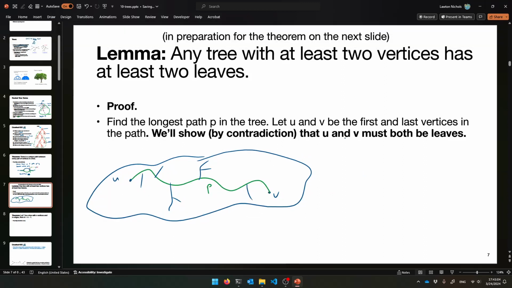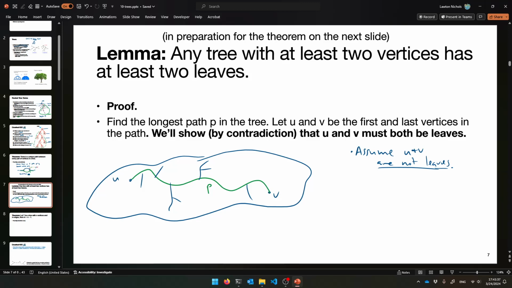If we're going to do this by contradiction, assume that U and V aren't leaves. I'll show you that the world ends. Assume they're not leaves, and I'll show you a problem. If they're not leaves, that means U and V are internal nodes, and they lead to leaves.